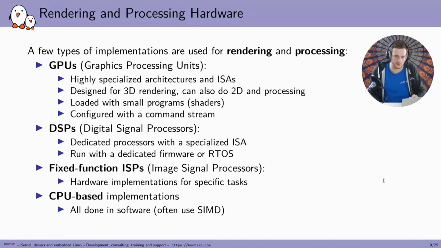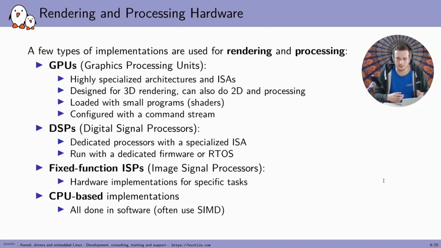Now, if we take a closer look at rendering, we can basically find a number of different types of hardware to do rendering. So the most common one is the GPU, or graphics processing unit. So the idea of the GPU is that we have a highly specialized architecture with a specific instruction set architecture, which is really designed to do 3D rendering.